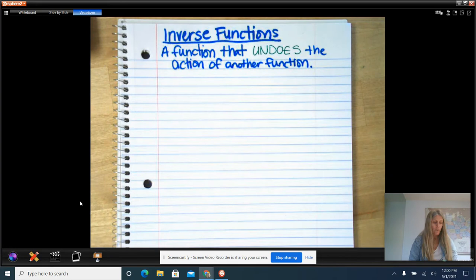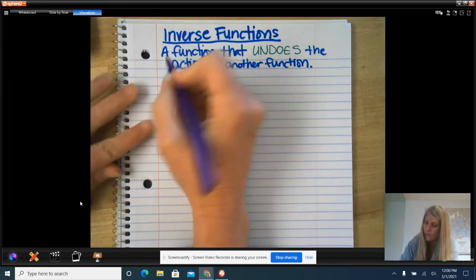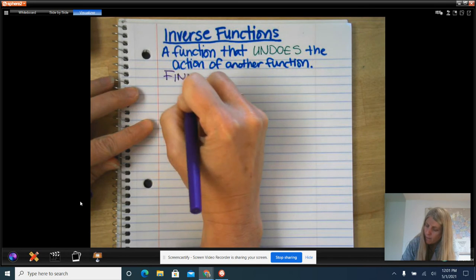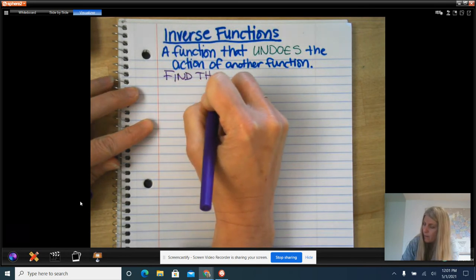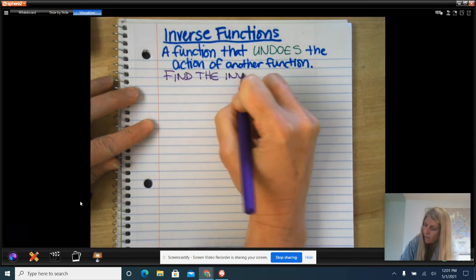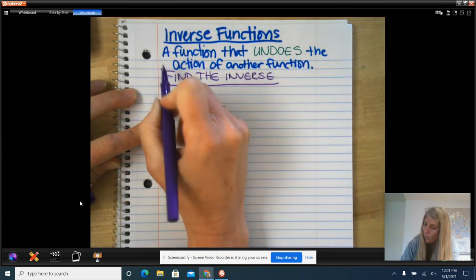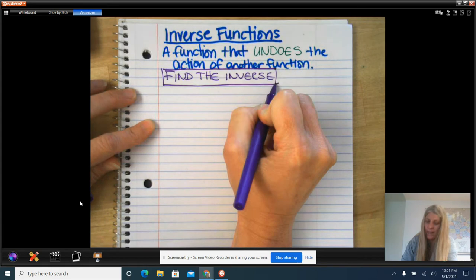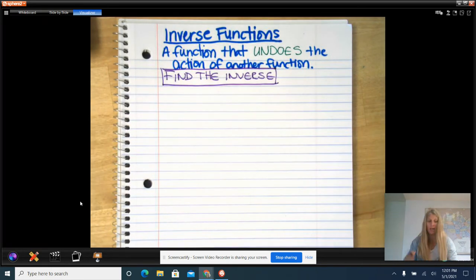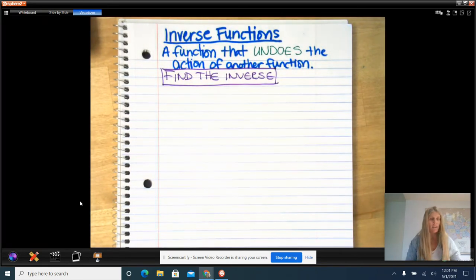Okay, so we are going to look at how to find the inverse. So given an equation, we are going to figure out how to find the inverse of that equation. And like I said, we're going to use 3 different methods.